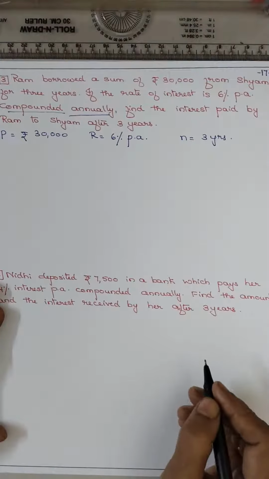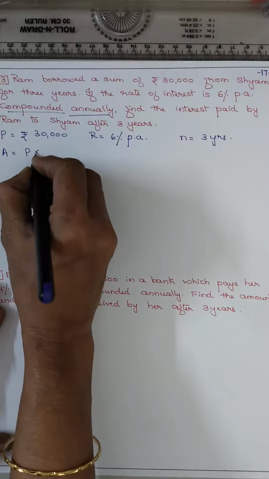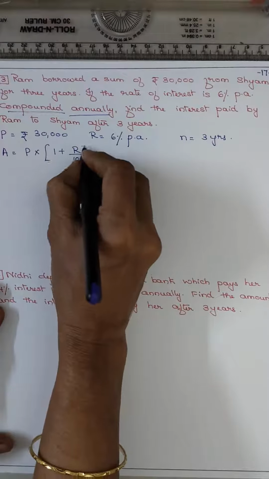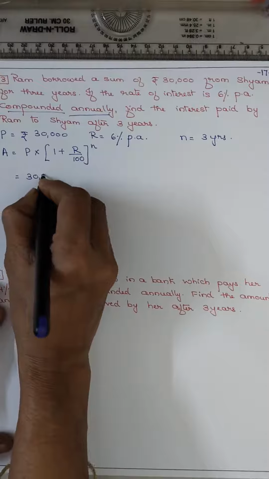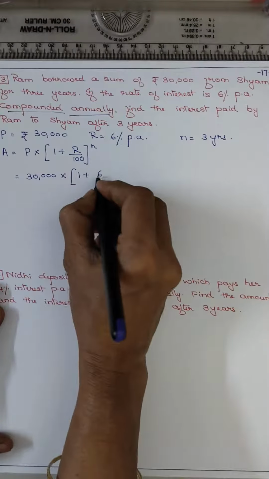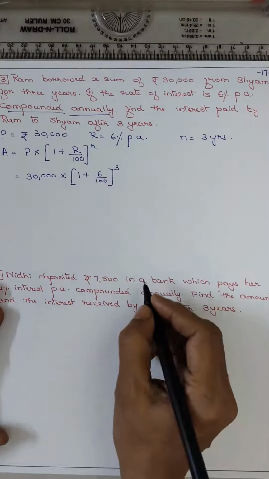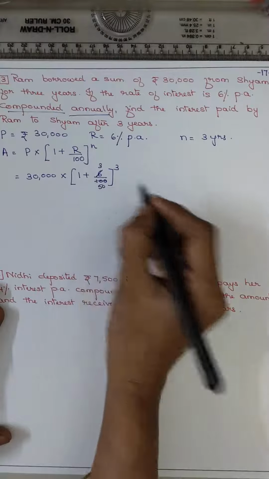So it is compounded annually, direct sum. So A is equal to P into 1 plus R upon 100 the whole raised to N. 30,000 into 1 plus 6 upon 100 the whole raised to 3. Now 2 3s are 6, 2 50s are 100.